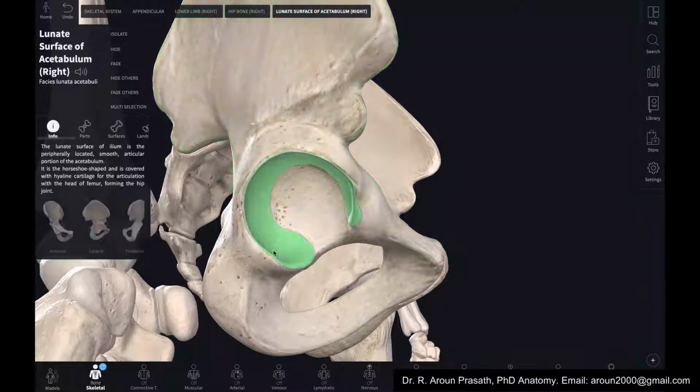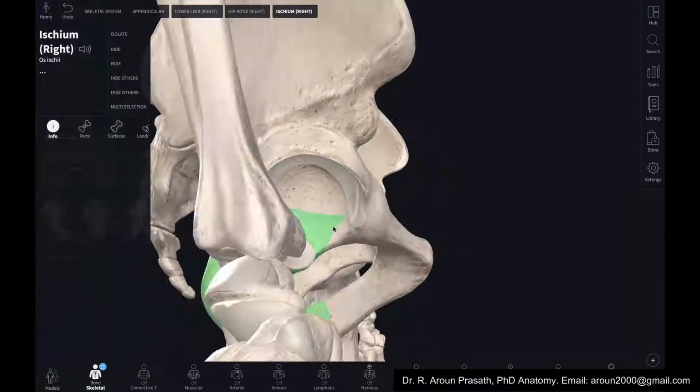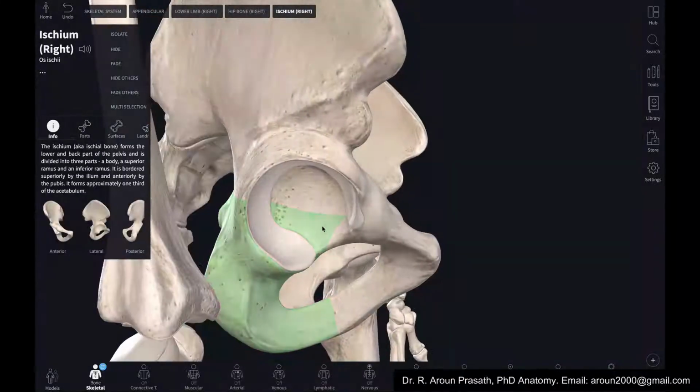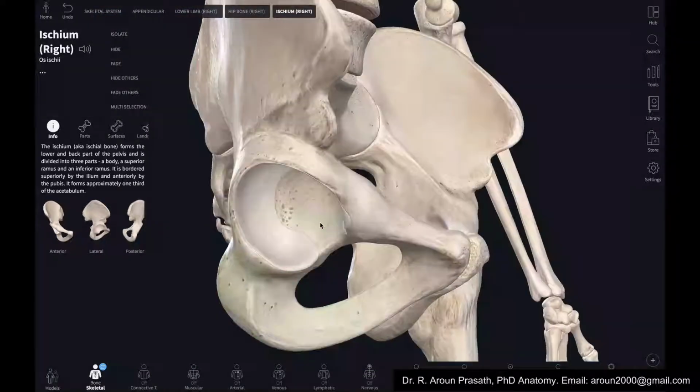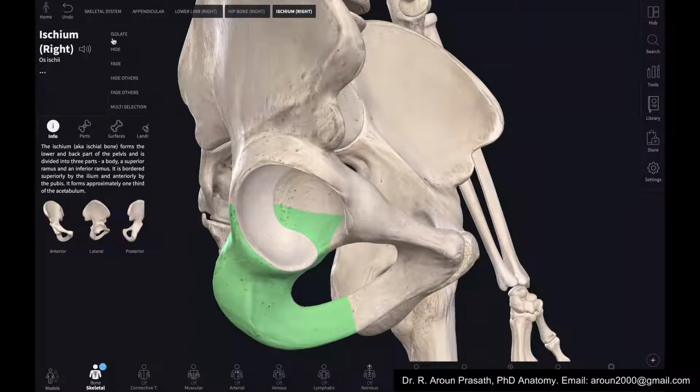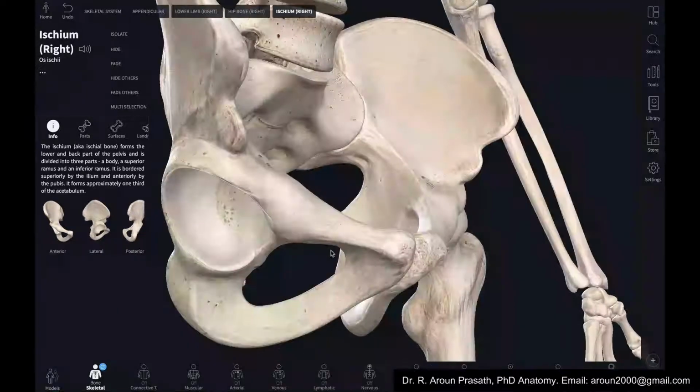This area of the acetabulum is the articulating surface, and here you have the acetabular notch. To this acetabular notch and to the fovea of the head of the femur there is a ligament, which I will show you. These are all the articulating surfaces.